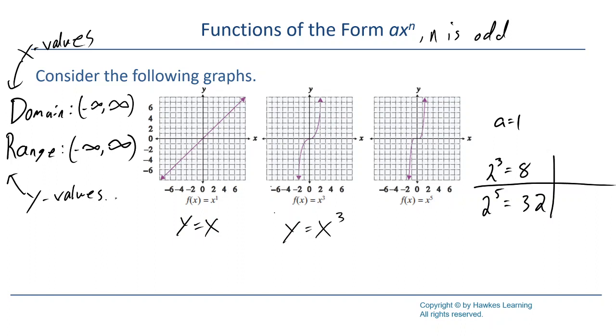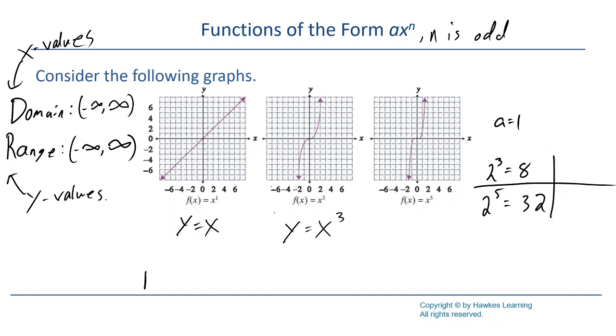What this is saying is that for a times x to the n function, where n is an odd integer, I can automatically know I can plug in any x value and get any y value. To reemphasize, domain is what you plug in, range is what you get out. So domain is your input, range is your output.